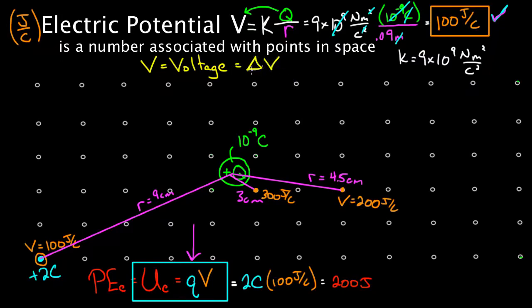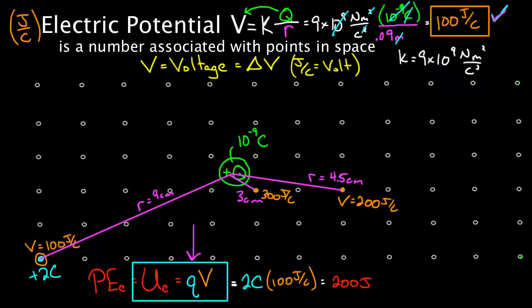This is the difference in electric potential between 2 points in space. So it's got the same units, because a change in electric potential is still going to have units of joule per coulomb. It's just when it's a change, we give this a new title. We call the joule per coulomb unit a volt. So joules per coulomb are volts, but the word voltage specifically refers to a difference in electric potential.